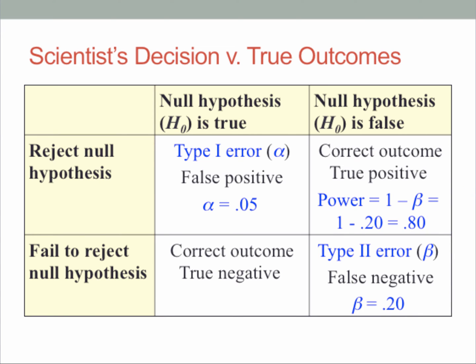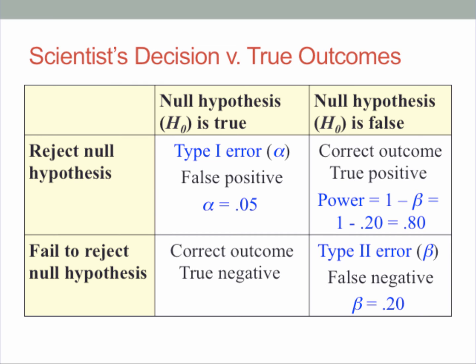But looking at type 1 and type 2 errors, a type 1 error is if the null hypothesis really is true, however, we actually rejected it. This is a false positive. This is our alpha. We give ourselves a 5% probability of making this mistake.